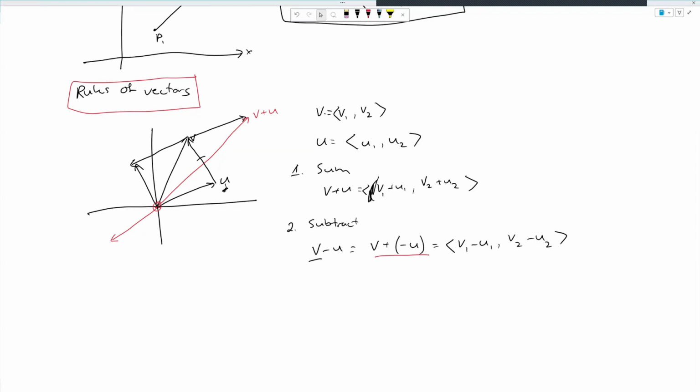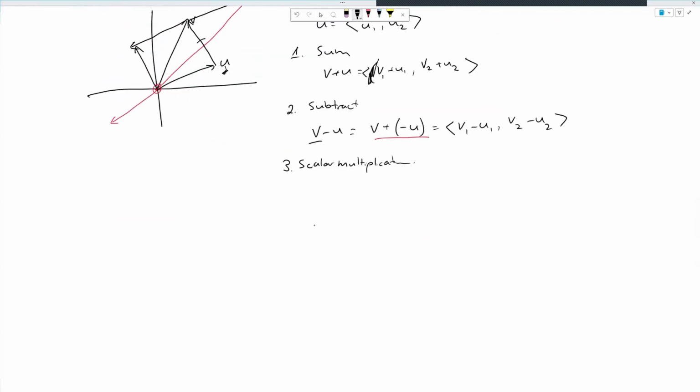The next one should be a little bit easier, and it is just scalar multiplication. I'll probably draw another graph, but let's say we've got V. Let's say kV, where k is some real number.